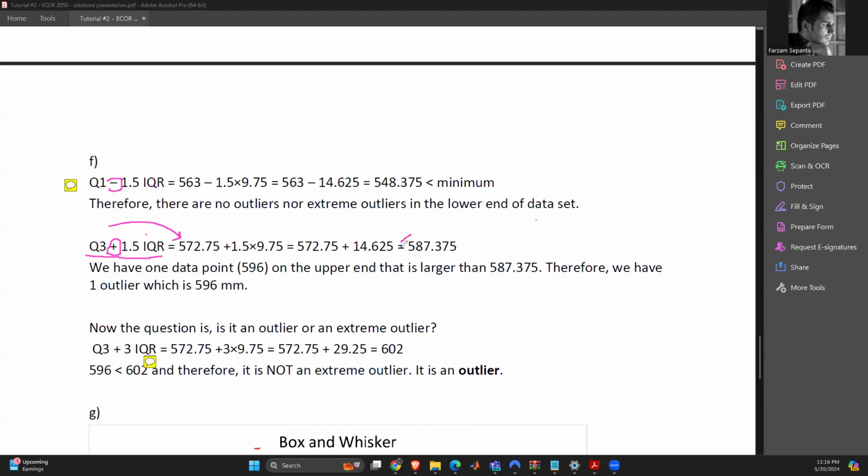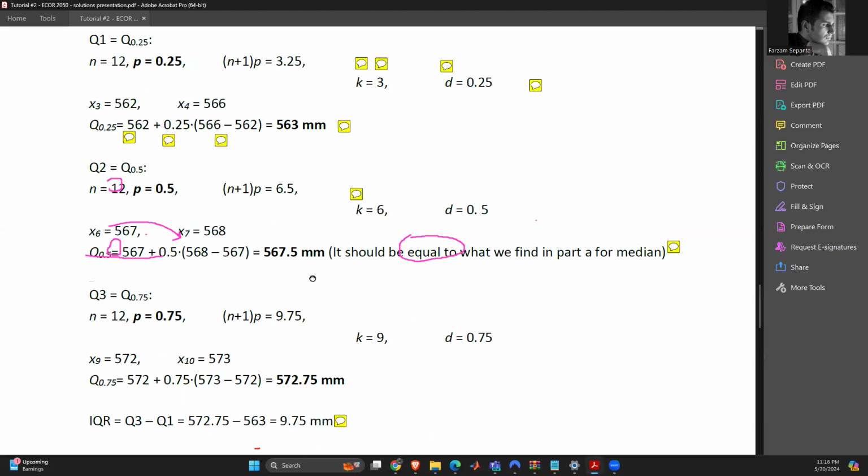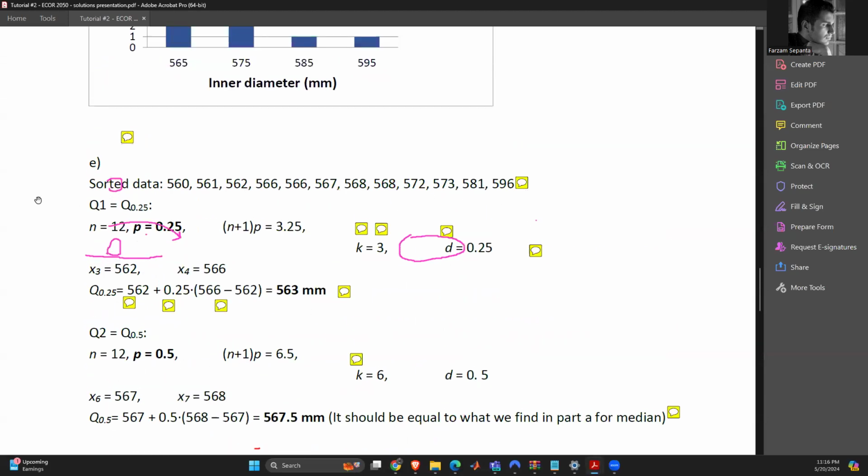We come up with the final value. Now the question is, in the data set, do we have a value more than 587? If we go up in the sorted data set, I'm simplifying things by getting rid of the decimal, 587, and there's one value, 596, right? So there is an outlier.